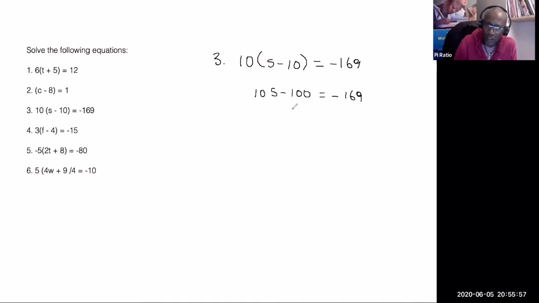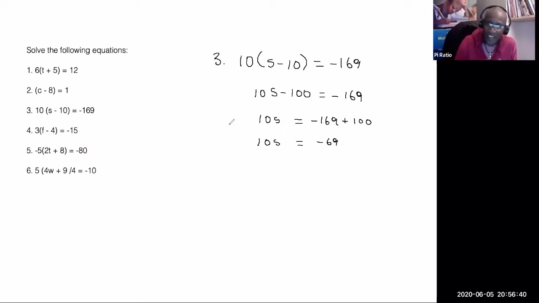So the next line will be 10S is equal to minus 169 plus 100. Yeah, so the next line will be 10S is equal to minus 69.